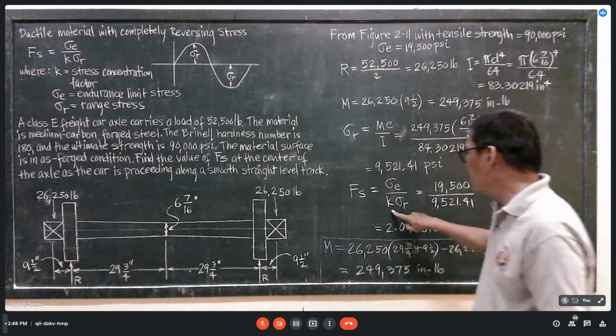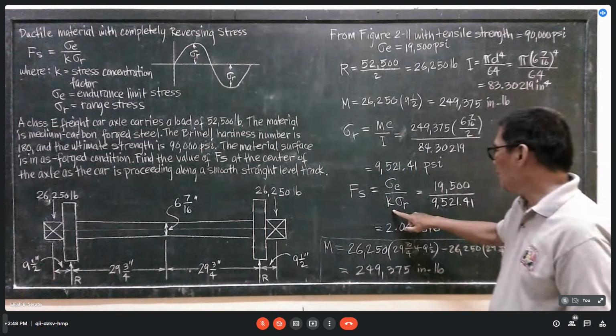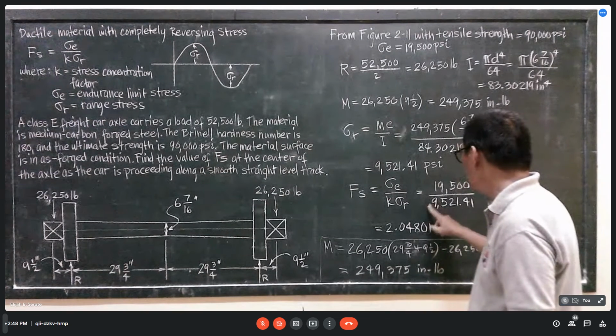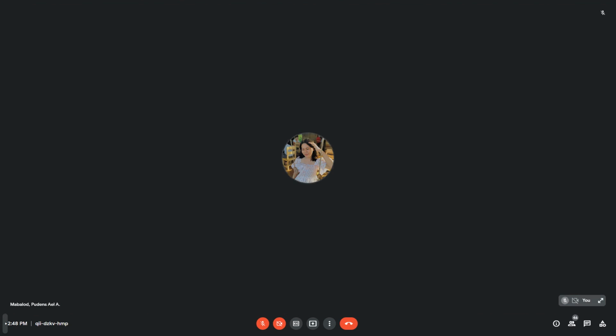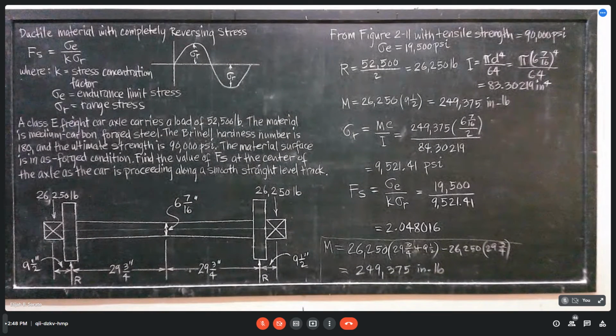But I have placed it here because that is the formula. Okay, thank you, sir. Remember, when there is no stress concentration, then the stress concentration factor is equal to 1. Because as defined, stress concentration factor is a ratio of the highest stress to the nominal stress. Since the nominal stress and the highest stress are equal, because there is no abrupt change of cross-section, then your K is 1.